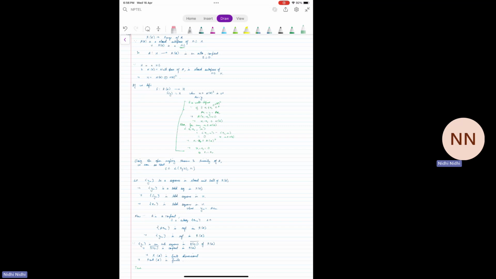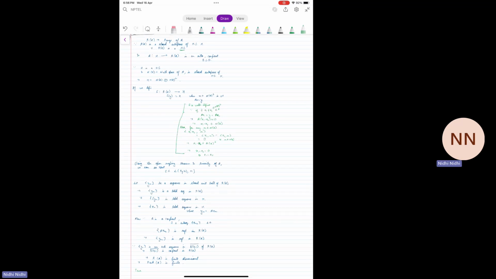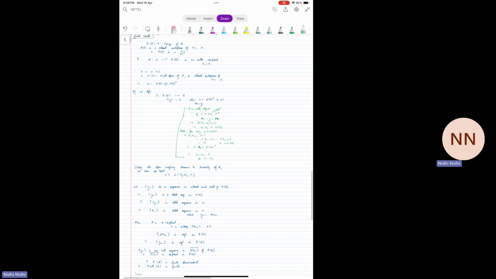Using this, we have shown that an arbitrary sequence in the closed unit ball of the range of A must have a convergent subsequence, which means the closed unit ball is compact. And we know that a closed unit ball is compact in a Hilbert space if and only if it is finite dimensional. Hence, A has finite rank. I hope this solution is fine. If you have any doubt, please ask.